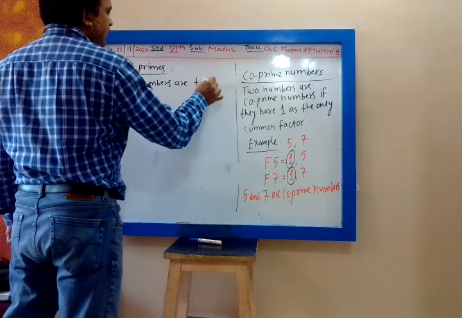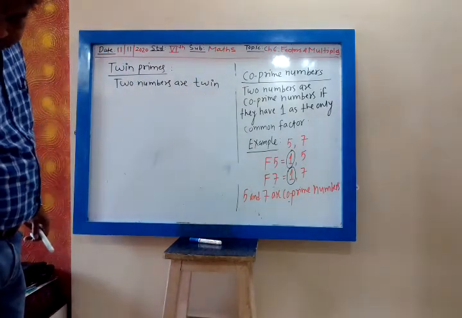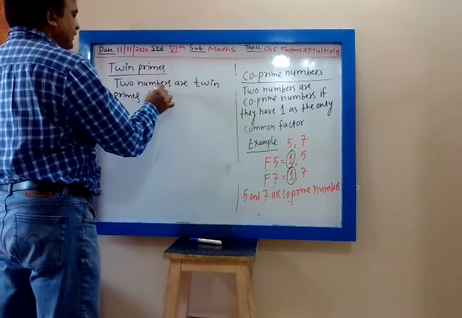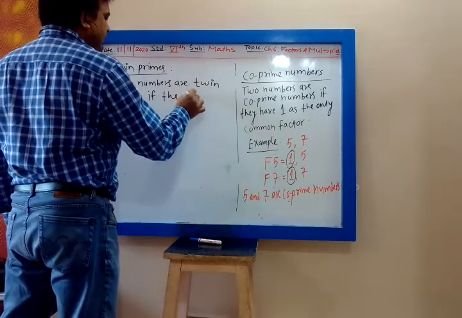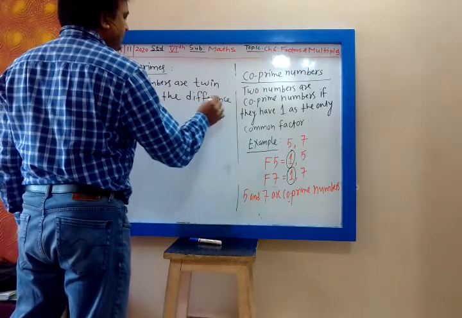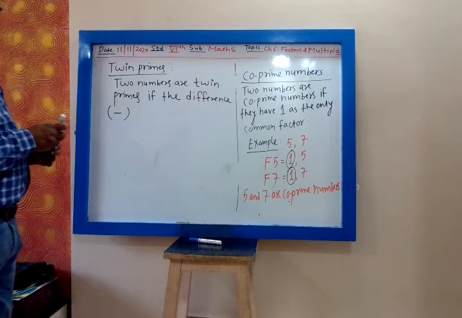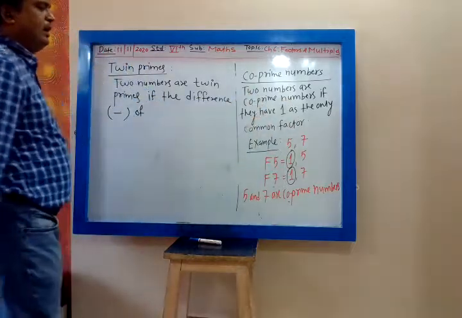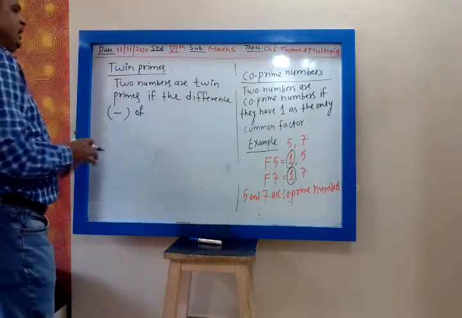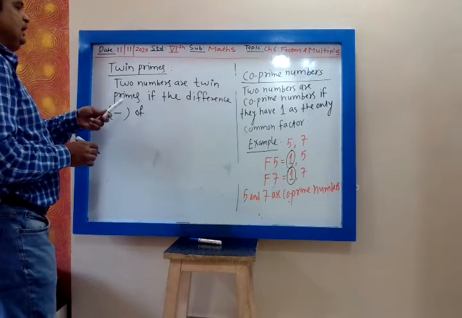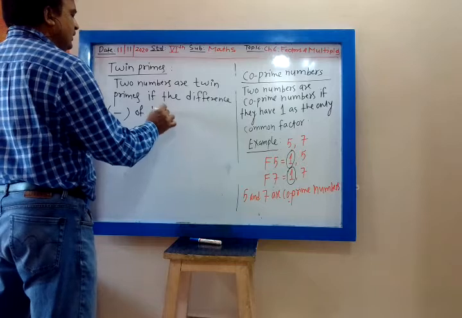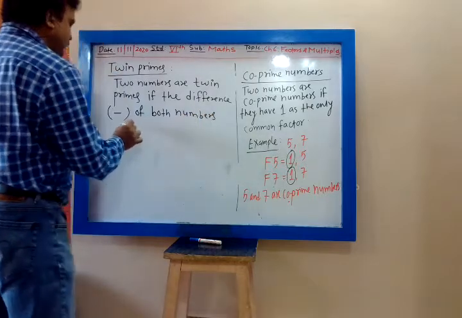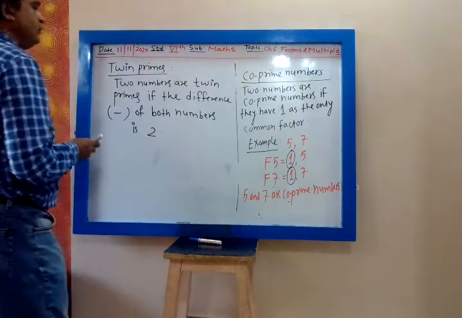Two numbers are twin primes if their difference, meaning subtraction, of both the numbers is 2.